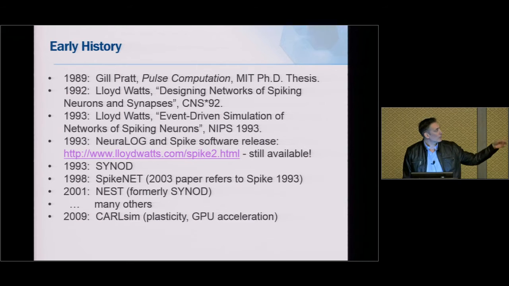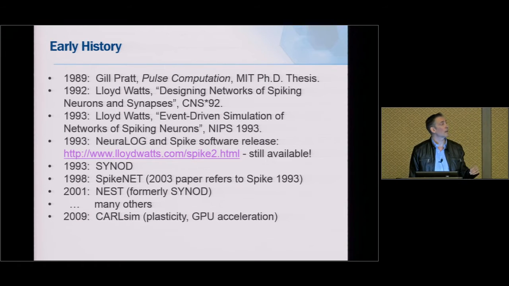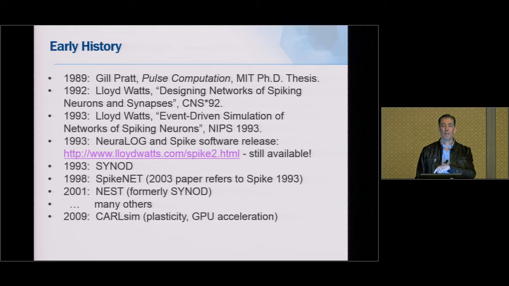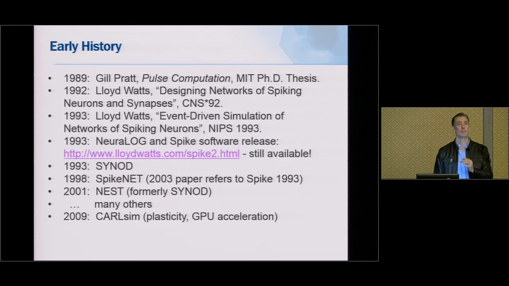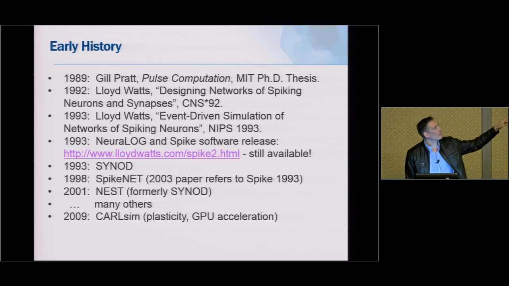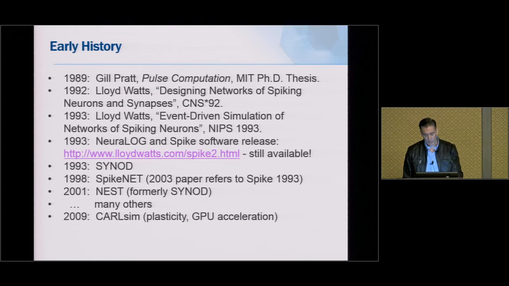I published some papers in 92 and 93, and the code is still available on my website. I don't recommend that you use it. You should use CarlSim 3.1. I'll tell a bit more of that story later, but 3.0 was extremely interesting, and in a minute you'll see why I would recommend 3.1. So anyway, that's the history as I see it of event-driven simulation of spiking neural systems.